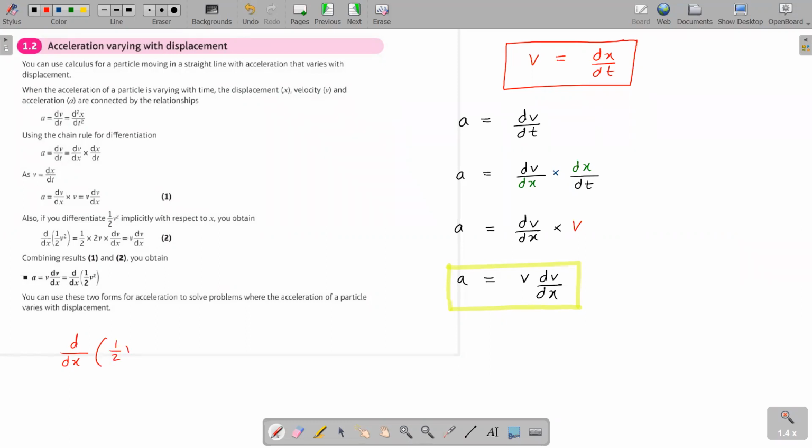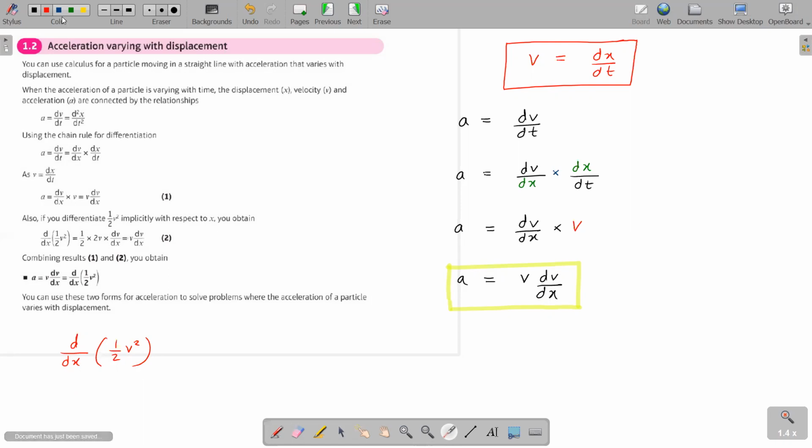What do you mean by d by dx? d by dx means they are asking you to differentiate half v square with respect to x. The differentiation is happening with respect to x. That's what it means.